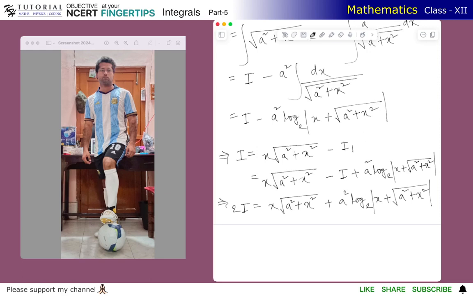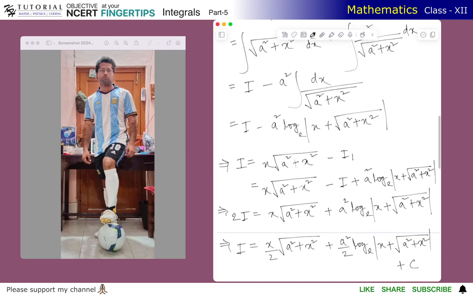Okay, so now we got the final result: I equals x by 2 times root over a square plus x square, plus a square by 2 times log of x plus root over a square plus x square, and finally the constant of integration.